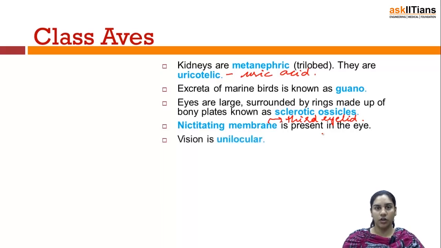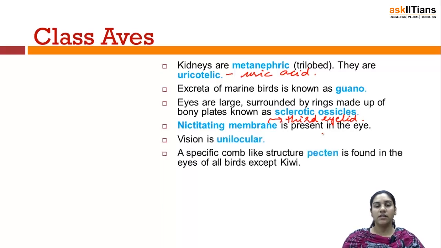The vision is unifocal in the birds, and there is a specific comb-like structure known as the pecten found in the eyes of all the birds except kiwi. This pecten is a pigmented structure, but it is non-sensory.